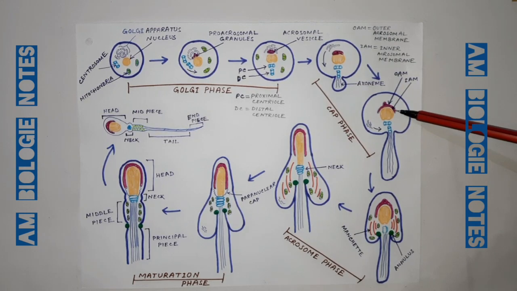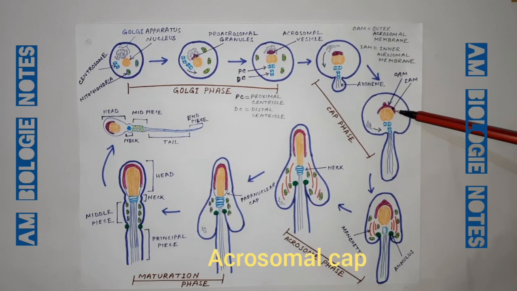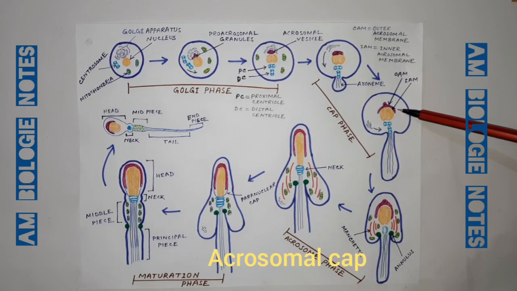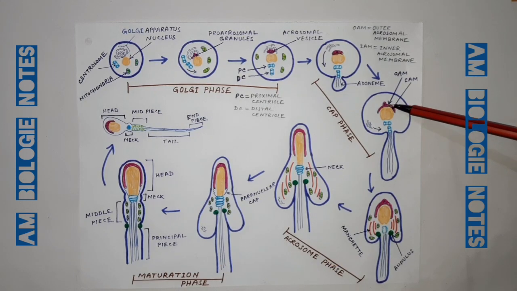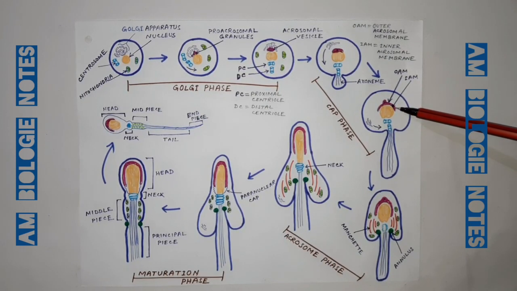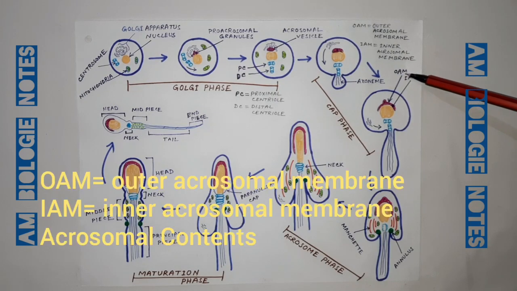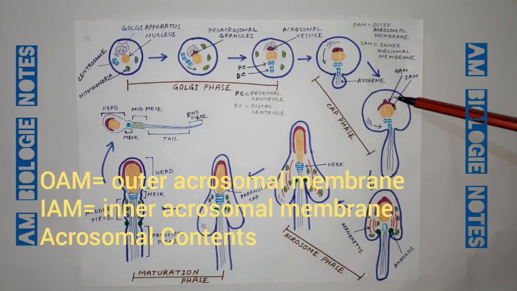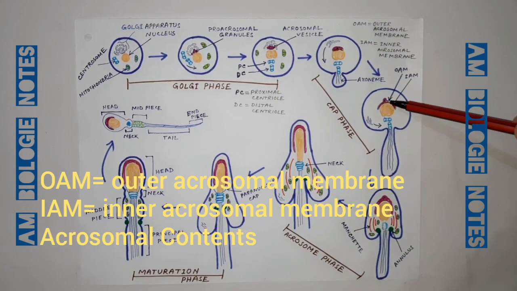This reshaped structure is called the acrosomal cap. This cap-like acrosomal vesicle consists of an outer acrosomal membrane, an inner acrosomal membrane, and the acrosomal contents.